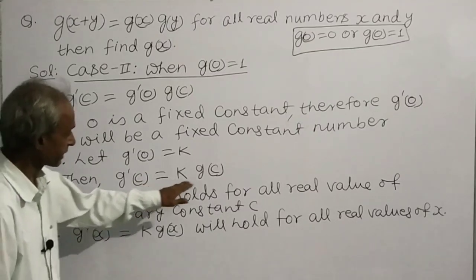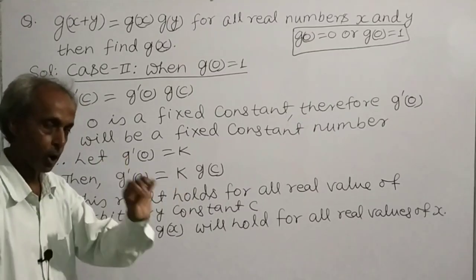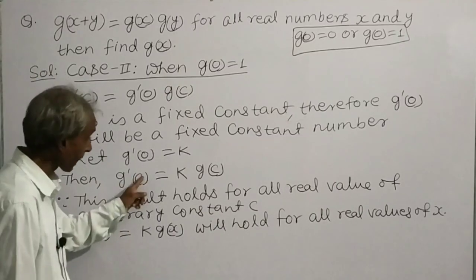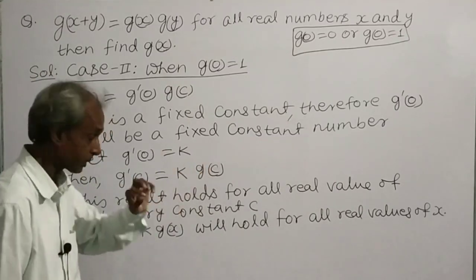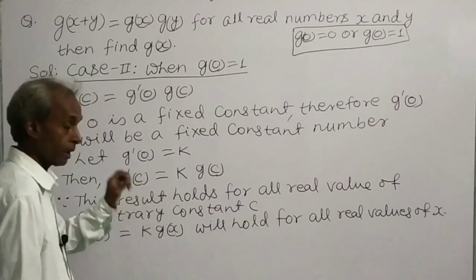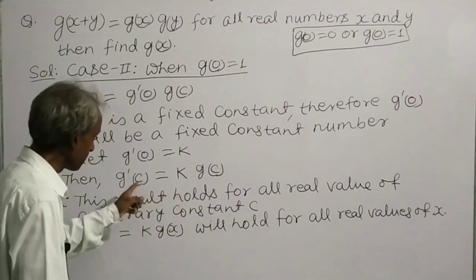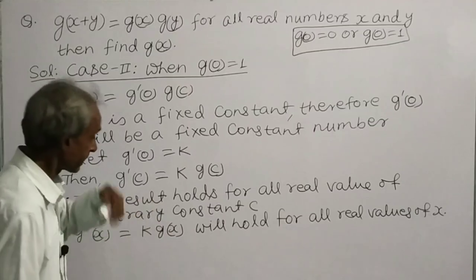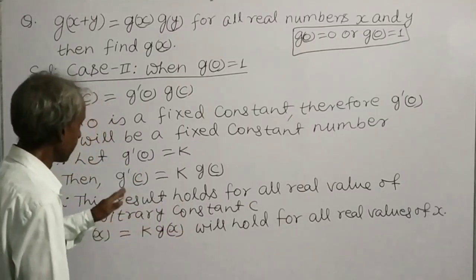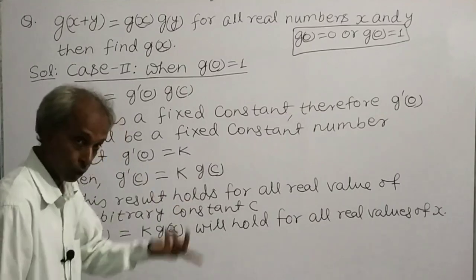Since this result holds for all real values of arbitrary constant c, because c is an arbitrary constant, we can put 1 in place of c and it will hold. We can put 2 in place of c and this result will hold.